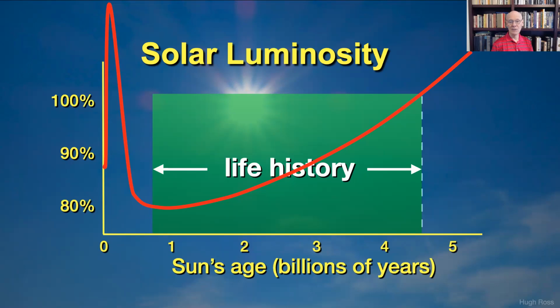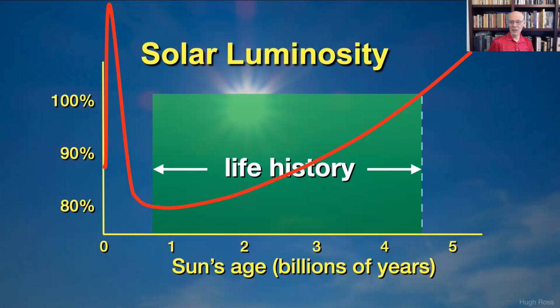And the ongoing fusion of hydrogen to helium actually increased the core density of our star, the sun, and an increase in core density caused our sun to become progressively and gradually more efficient in the operation of the fusion of hydrogen to helium, which explains this ongoing brightening of the sun.